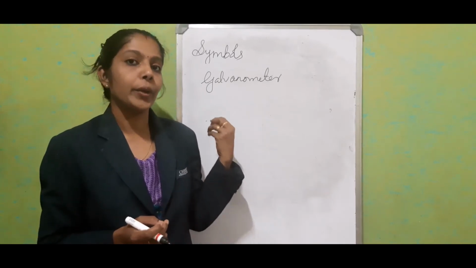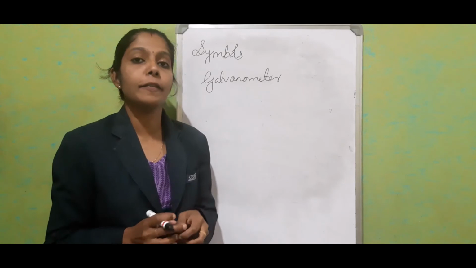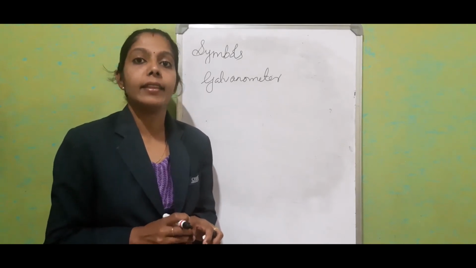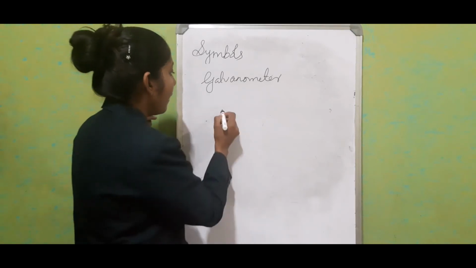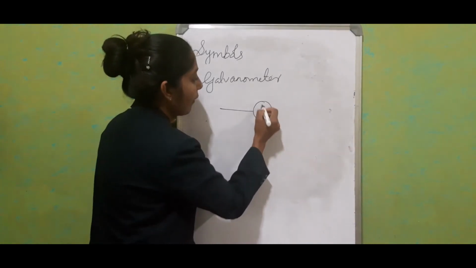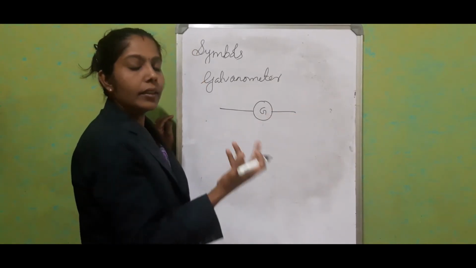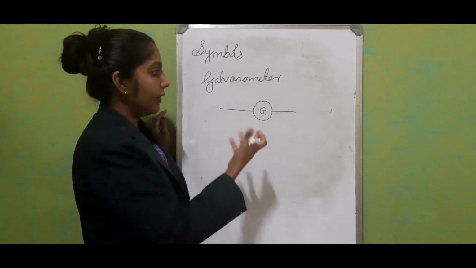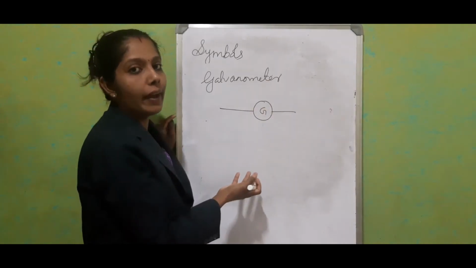We represent the galvanometer with the symbol G. For this one, there won't be any positive and negative side shown. We can connect either side to positive or negative.